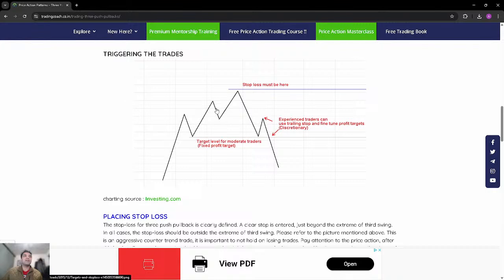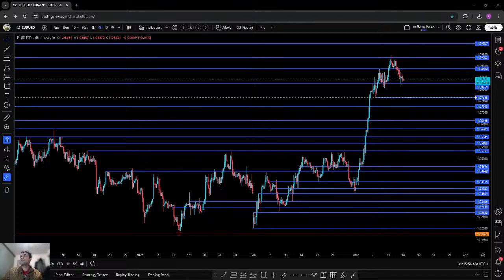You can keep that in mind, this is a similar structure that has been showing here. We can see that this is a three push pattern. So this is the first push, second push, and third push, and similarly a pullback, and then continuation.